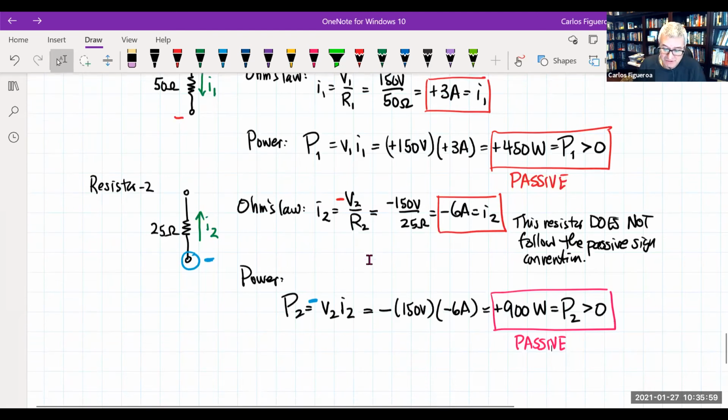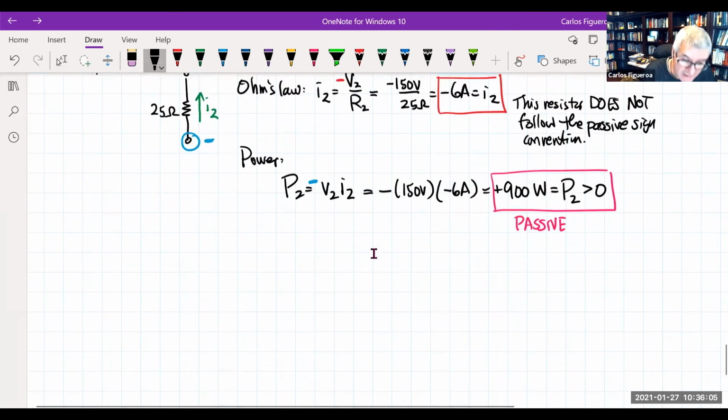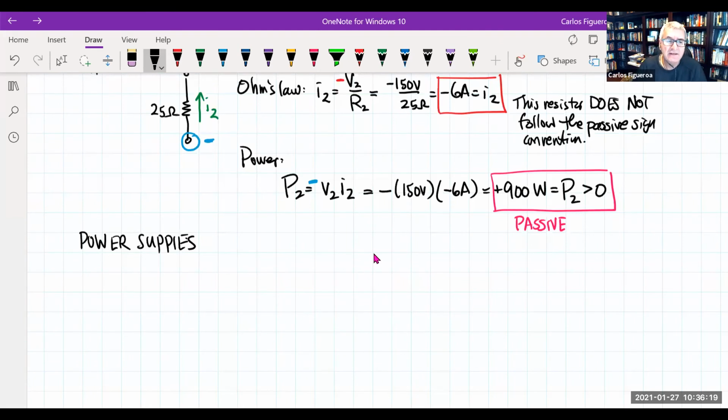We want to talk about sources now. The next thing we have to talk about is power supplies. Power supplies essentially come in 4 flavors. What I mean by that is there are power supplies that are independent and dependent sources, so there are 2 kinds.